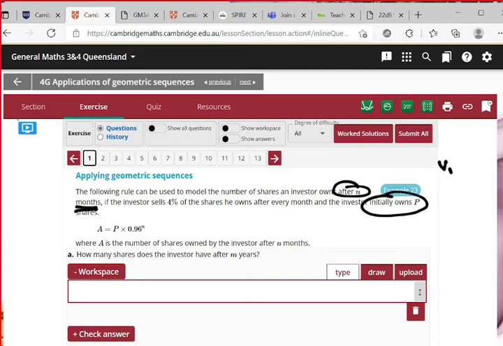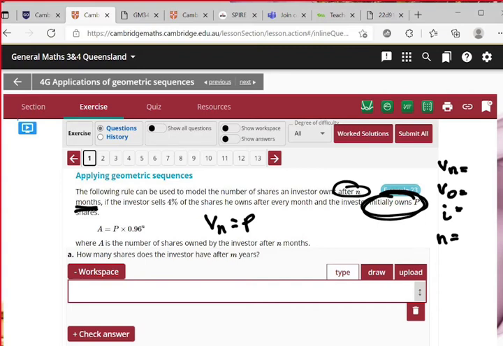So what we want to do is find our formula. So we need all of the pieces and then we'll plug them in. Well, we don't know the future value, obviously, so we'd call that V sub n. Our initial value is P shares, right?